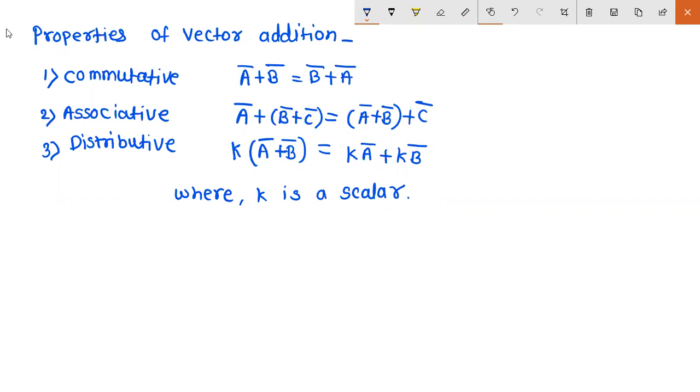And third is distributive. Distributive means if you consider k as any scalar quantity and multiply it to the addition of two vectors, A bar plus B bar, then it is equal to k into A bar plus k into B bar. Okay, so got this?